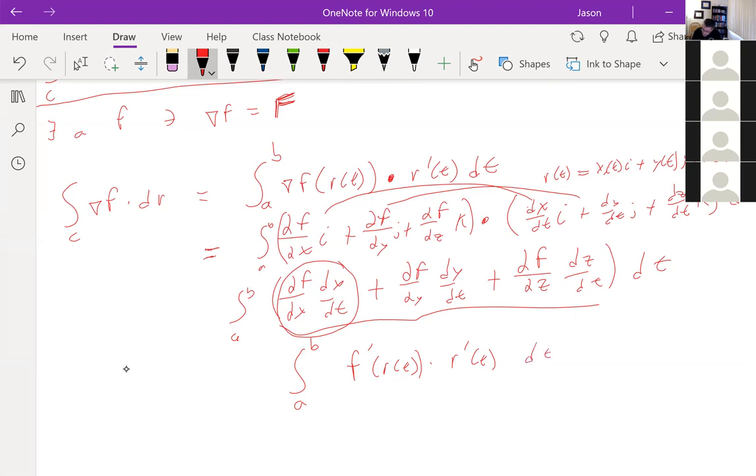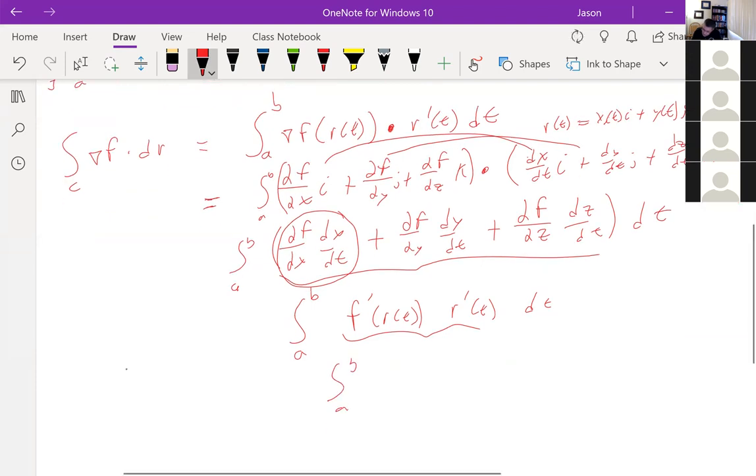And so the idea is that this thing is no longer a dot. It's going to become d dt of this parent function r of t, dt. And so we're going to take the derivative and the integral with respect to t.